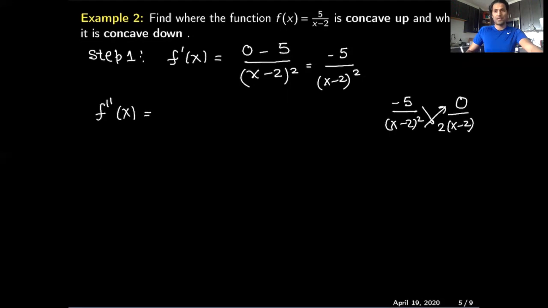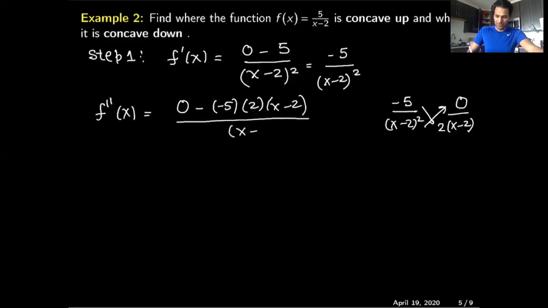So low multiplied by d high, low is (x minus 2) squared, when it multiplies by 0, it gives me 0. And high d low is going to give me minus 5 times 2 times (x minus 2). And low squared, (x minus 2) squared squared, is the fourth power.